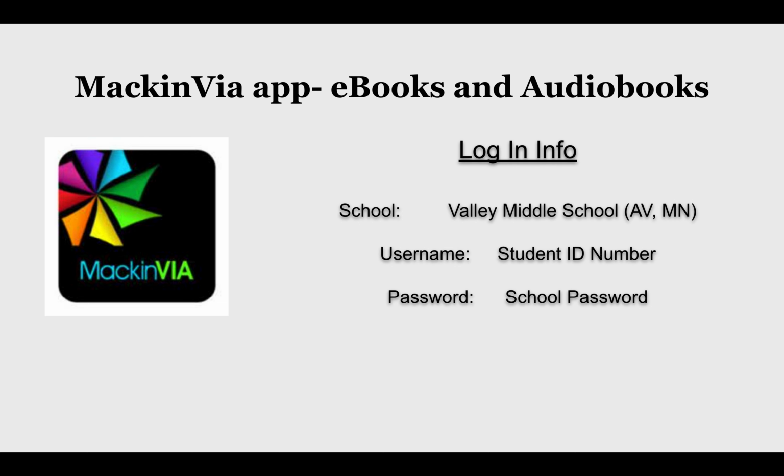Some other Valley Middle Schools are going to come up, so be sure that you click on the correct one. And then it will prompt you for a student ID number and a school password. You'll, of course, use your student ID and your password that you use when it comes to doing anything for school. Once you've logged in, you're going to see that these books are available as audiobooks.